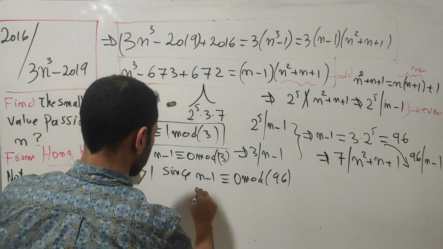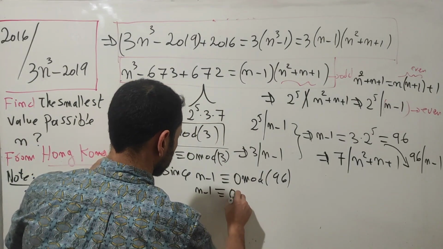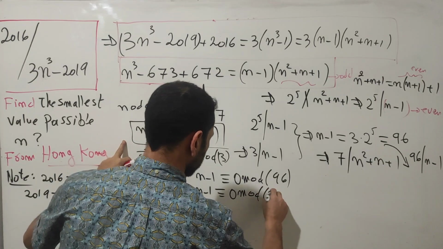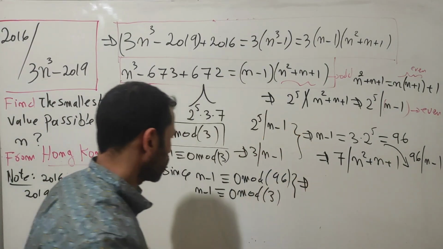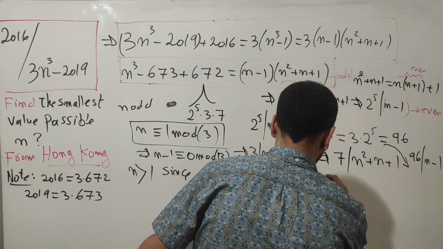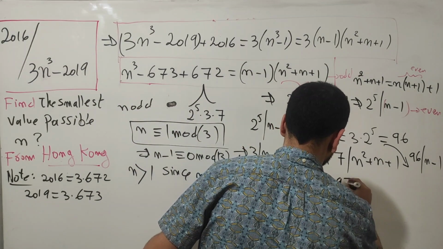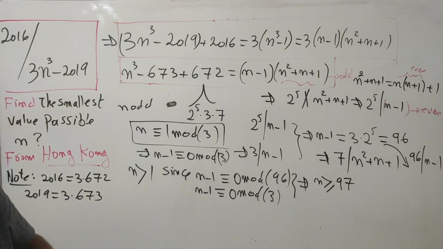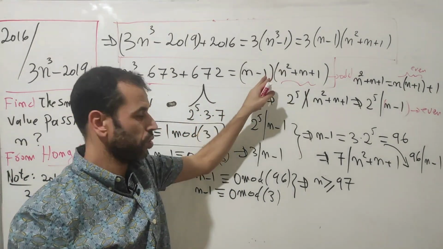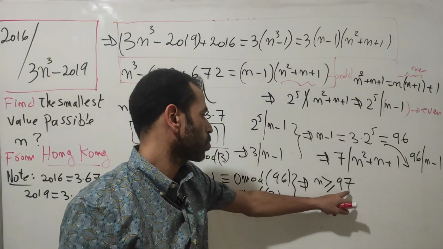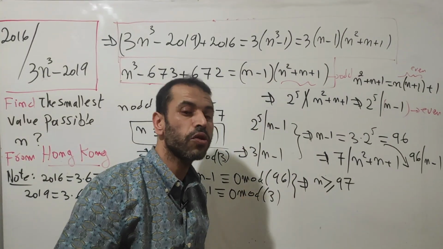Also we know n minus 1 is congruent to 0 mod 3 due to this one. So this immediately tells us n must be at least 97, since this term is smaller than this term. Since n is at least 97, n equals 97 may be a solution.